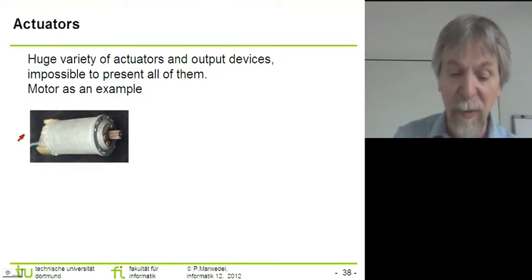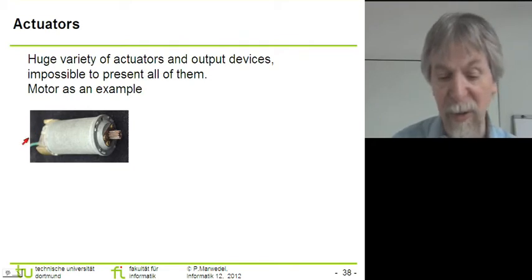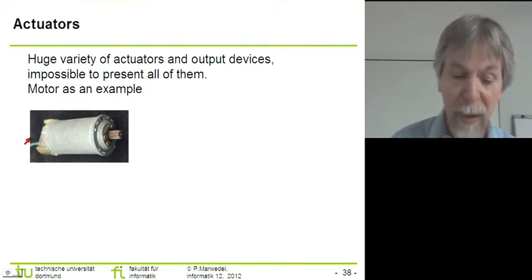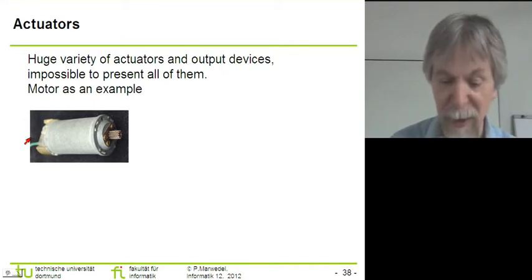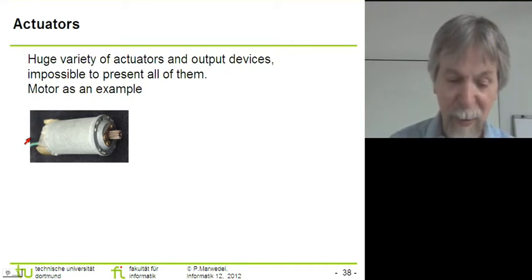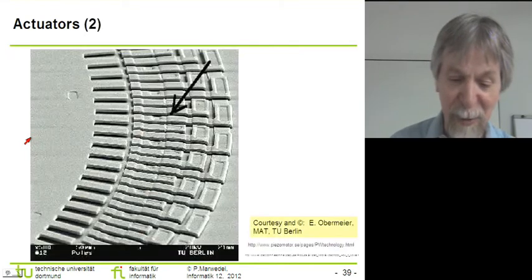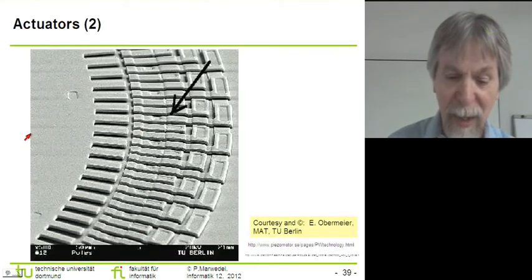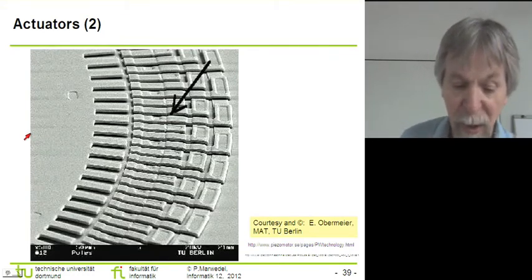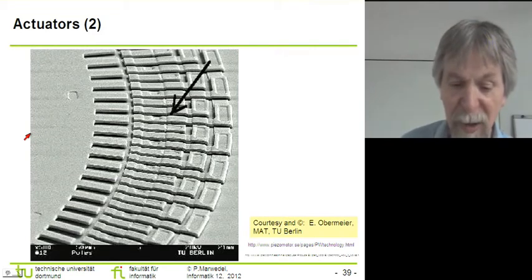If we just look at motors, I'd like to present this little motor here as an example. By the way, this is a motor from one of my toys that I used as a kid. It's from a Porsche-like car that I used to play with. So it's a pretty old motor. And this is a much smaller actuator. It's a small motor which is fabricated using microtechnology.